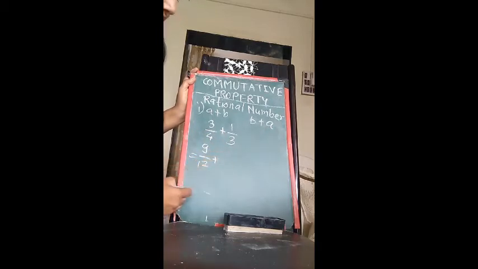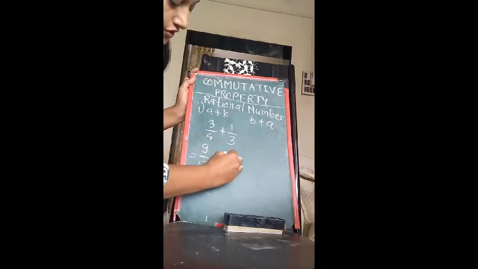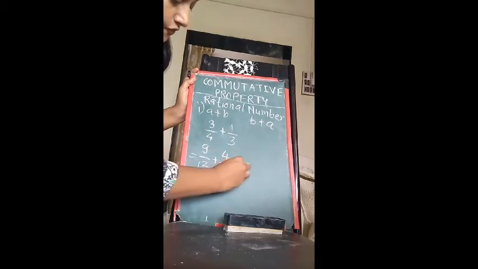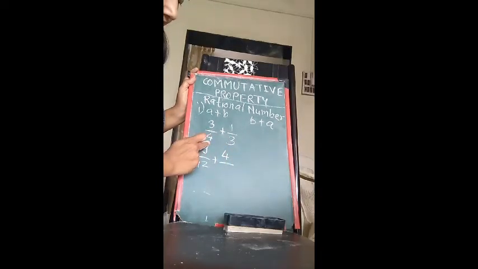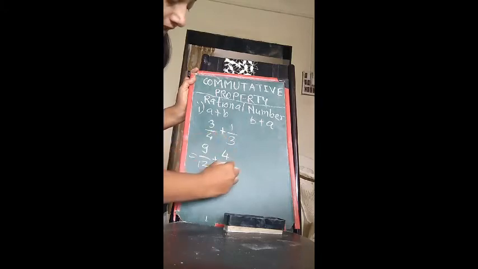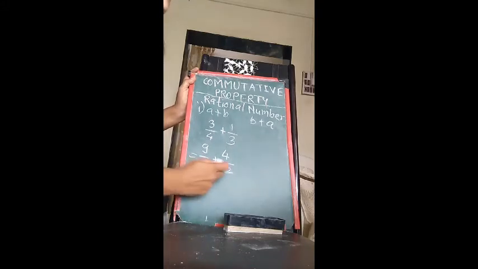Plus now 1 upon 3 multiplied by 4: 4 1s are 4 and 3 4s are again 12. See, now our denominator is same for both numbers. Now we can add these numbers, but keep in mind the denominator comes only once.